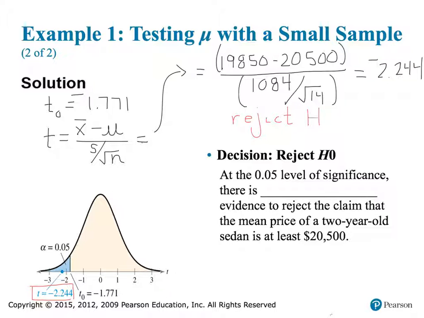Now remember, the H0 is what contained the claim. So we can say that at the 0.05 level of significance, there is sufficient evidence to reject the claim that the mean price of a 2-year-old sedan is at least $20,500.